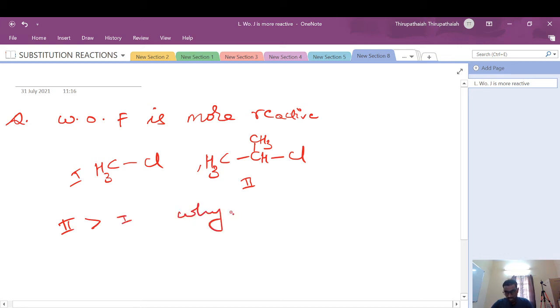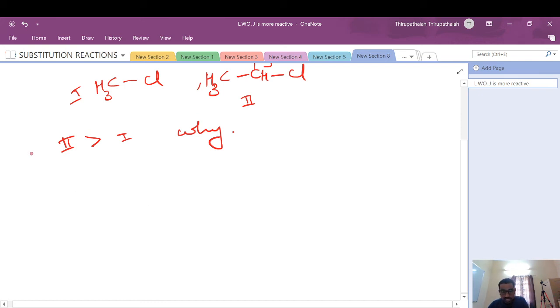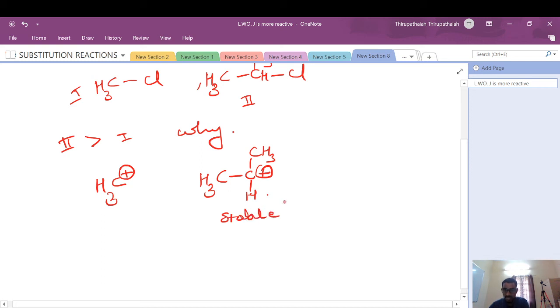Why? Because I told you this reaction proceeds via a carbocation intermediate. So the carbocation formed after loss of halogen, in this case, will be CH3 plus, and in this case it will be CH3CH2 plus. Now this is a stable cation, stable because a carbocation is electron deficient.